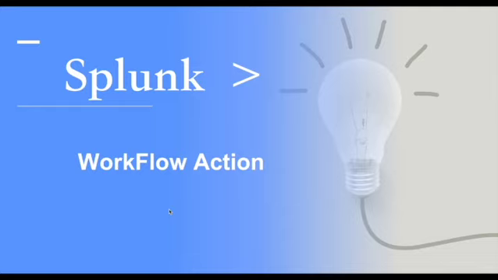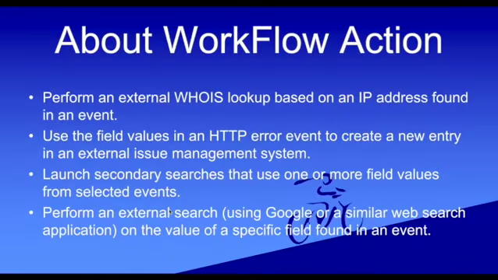Generally workflow action has a wide variety of applications. There are a few examples. Through it, you can perform an external whois lookup based on an IP address found in the event.